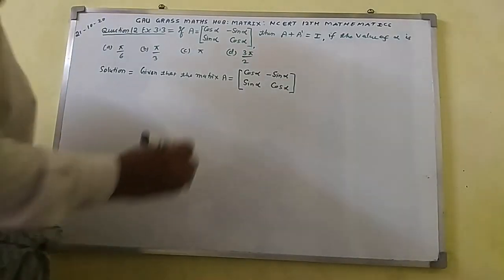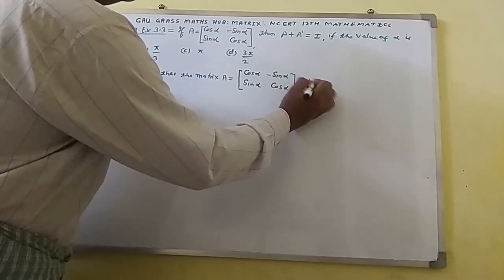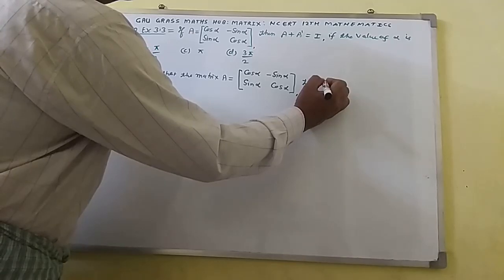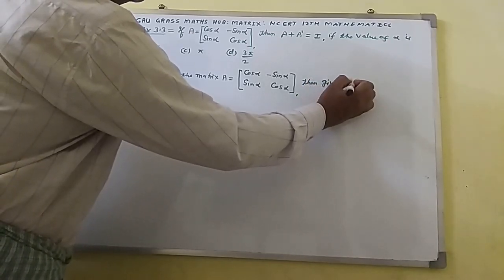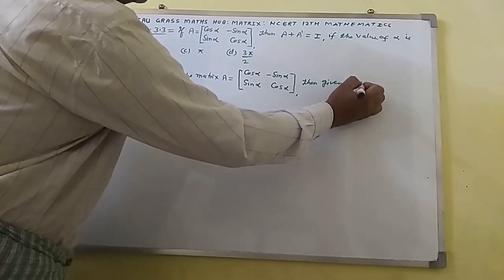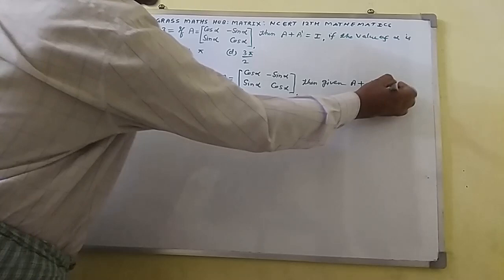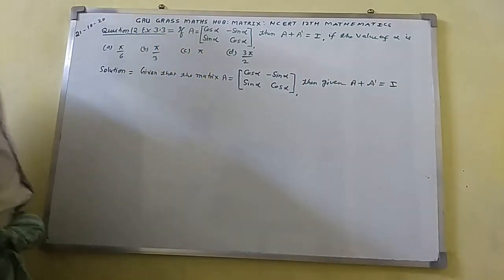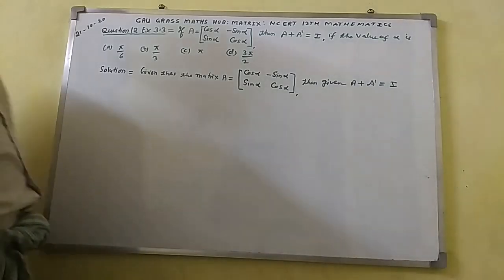Then it is given A plus transpose of A equal to identity matrix. This is given. So what you have to do here? This is the identity.